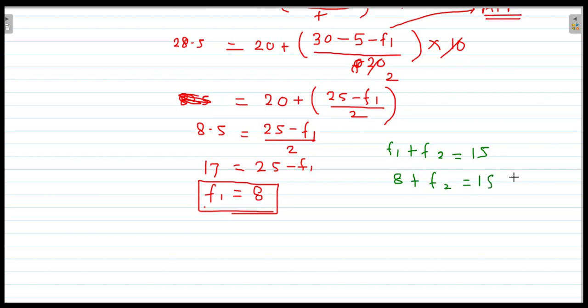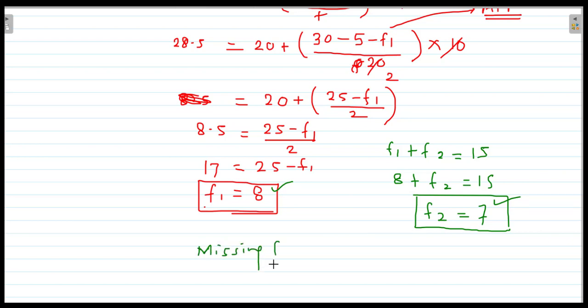Take 8 to this side, so it will be 15 minus 8, and so F2 is equal to 7. Highlight this. So you have got the values of F1 and F2. Both the missing frequencies are 8 and 7. So at the end write the answer: the missing frequencies F1 is equal to 8 and F2 is equal to 7.